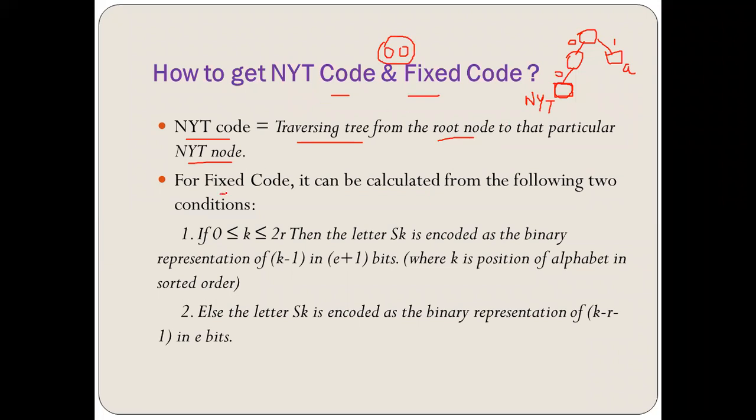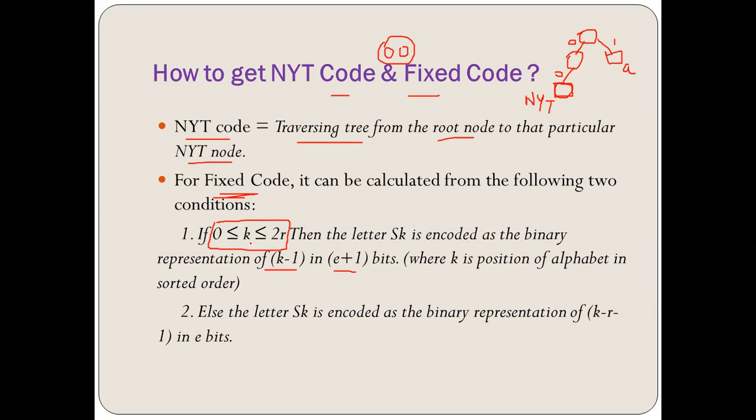Now, how to calculate the fixed code? The fixed code can be calculated based on two conditions. We check a condition: if K lies between or equal to the lower bound 0 and upper bound 2R, then the SK is encoded as the binary representation of K minus 1 in E plus 1 bits, where K is the position of the alphabet in sorted order. First, we need to understand what K is.